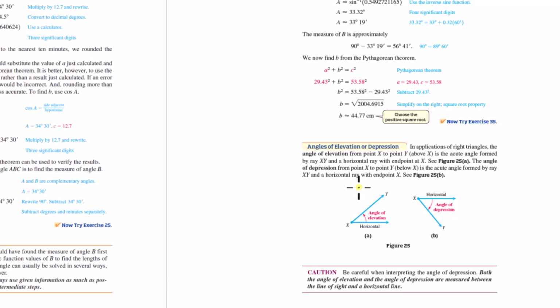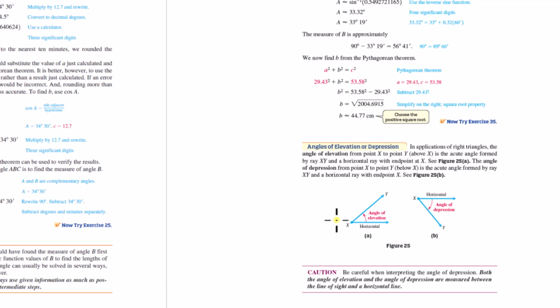So angles of elevation or angles of depression are just, you're measuring an angle with respect to the horizontal, and it's always an acute angle. So that makes sense, right? If you think about an angle of elevation, it's going to be an acute angle that's measured above the horizontal. So it's what is the angle of something above the horizontal?